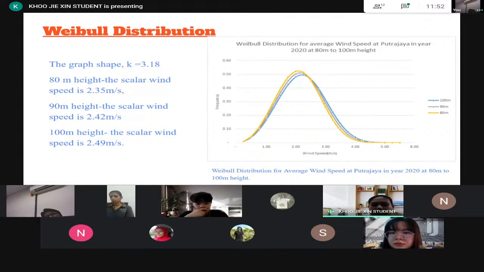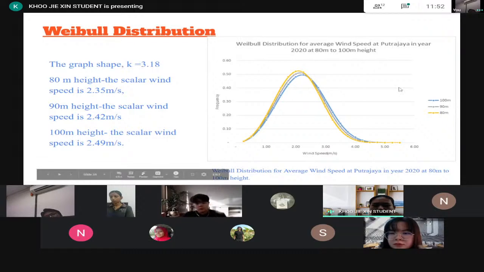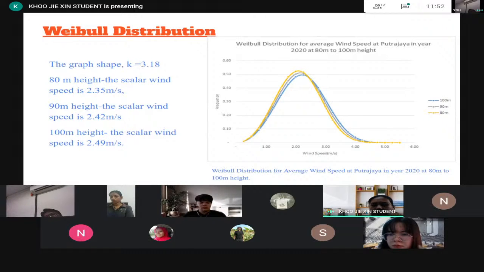So the graph shape is equal to 3.18. As you can see, the graph shape is the same, but the scale wind speed for each height is different because the wind speed is different. So for 80 meter height, the scale wind speed is 2.35 meter per second.